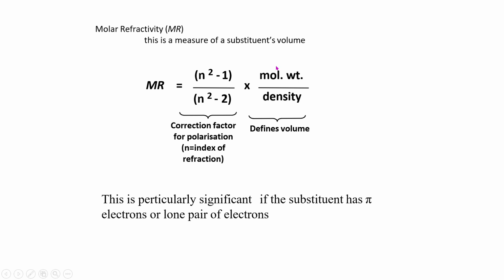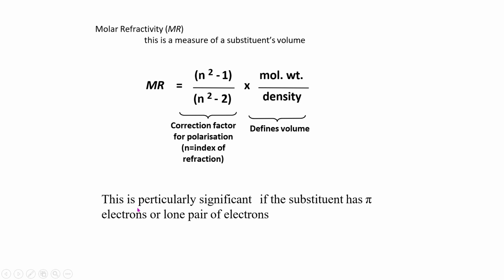This second part of the equation will define the volume, while the first part, that is n square minus 1 divided by n square plus 2, provides a correction factor by defining how easily the substituents can be polarized. That means one part of this equation gives the polarization index, and the other part gives the volume of the compound.